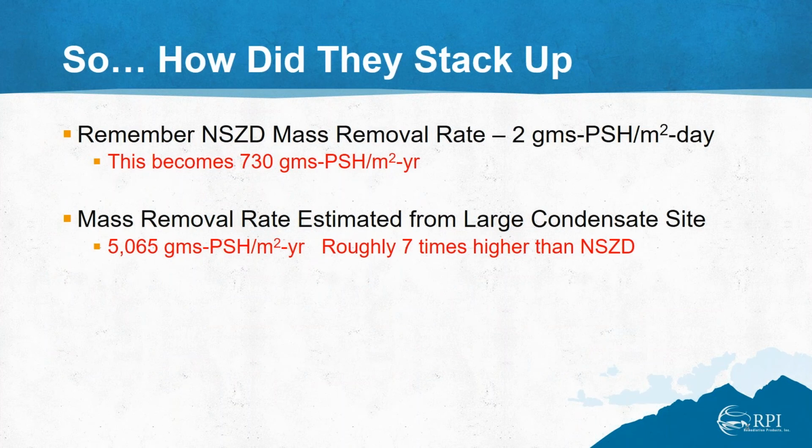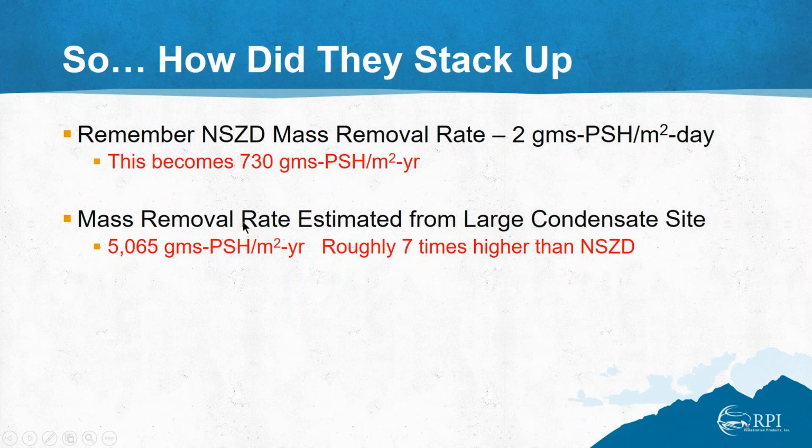And so the first entry, as you can see here, is an estimate of natural source zone depletion mass removal rate. And the number that I've selected from the guidance document is 2 grams of free phase per meter squared day. If I normalize that to an annual basis, that becomes 730 grams per meter squared year.